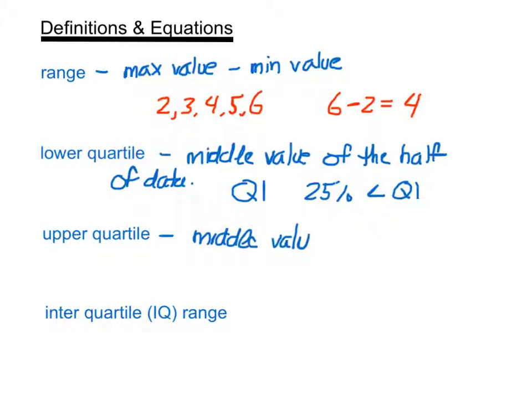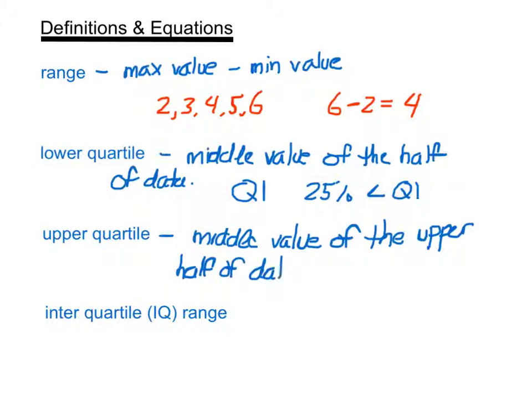Similarly, the upper quartile splits the upper half of the data. And we call this value Q3. And likewise, 25% of the data has values greater than Q3.